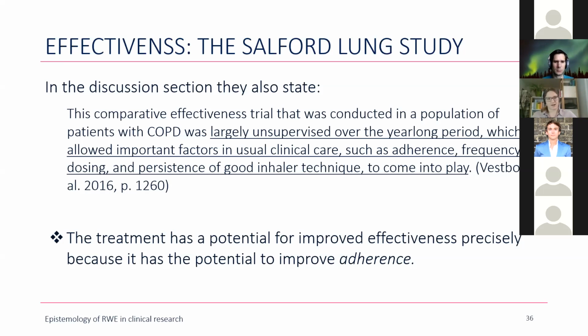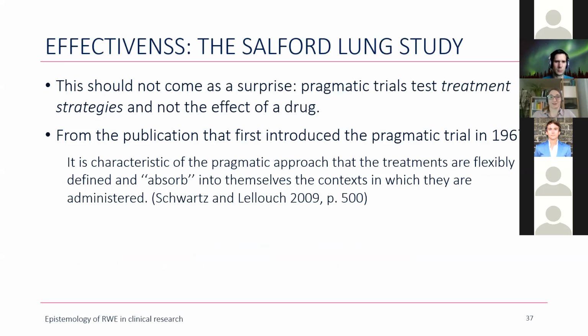So the point they're getting at is that the treatment has potential for improved effectiveness precisely because it has the potential to improve adherence. Now, this should in fact not come as a surprise, at least not for clinical researchers who are familiar with pragmatic clinical trials.